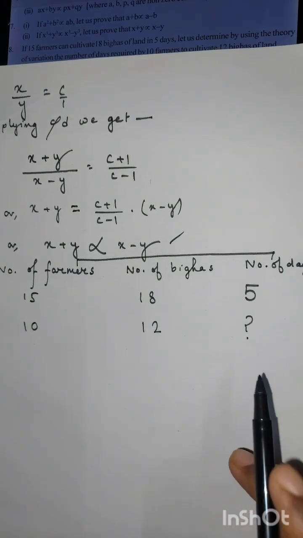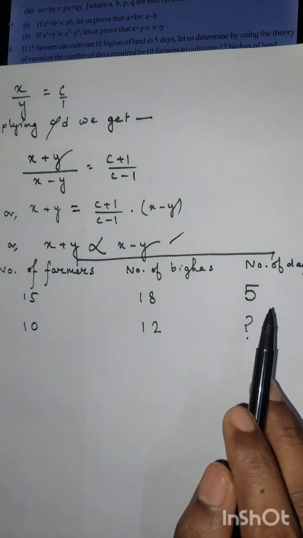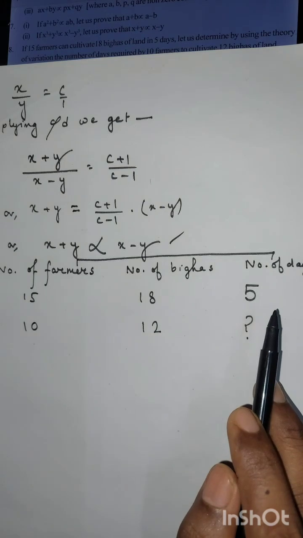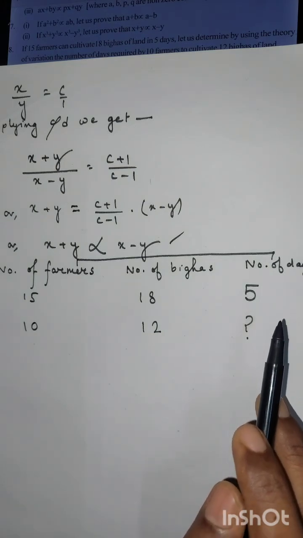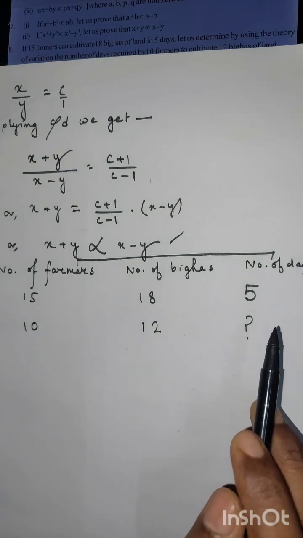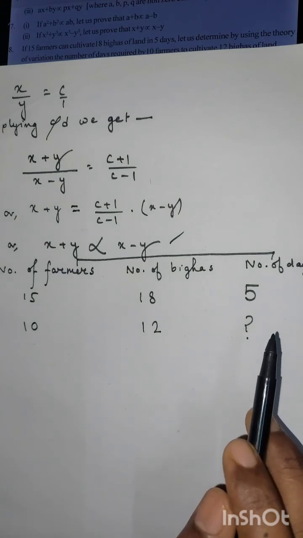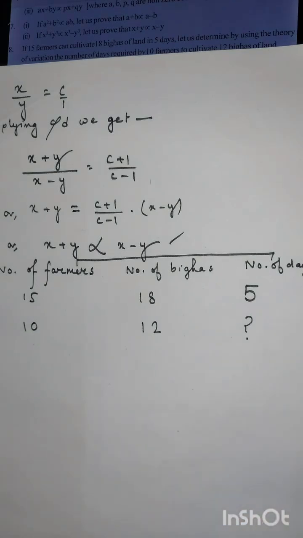If we increase the number of farmers, the number of days required to cultivate a certain number of bighas will be decreased.